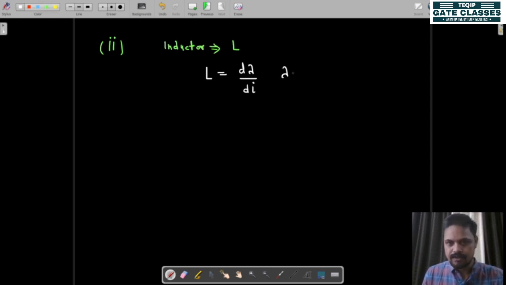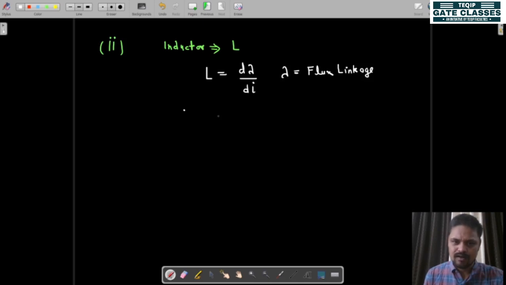where lambda is flux linkage. Flux linkage. You know from basic principle of magnetism, Biot-Savart law is there, right? That current carrying conductor creates its own magnetic field.